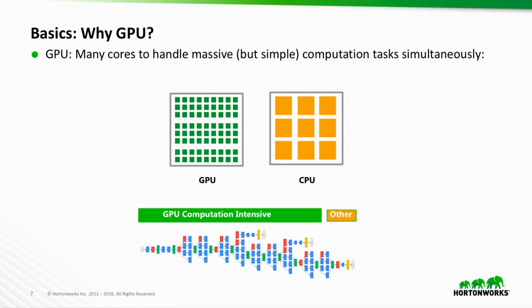So let's assume we have a machine learning task. For example, here is a neural network, GoogLeNet. For this kind of machine learning task, we can divide the computation into two parts. One is GPU computation intensive, which is simpler matrix operations, and the other is very simple in computation, but complex in logic, for example, the control flow.